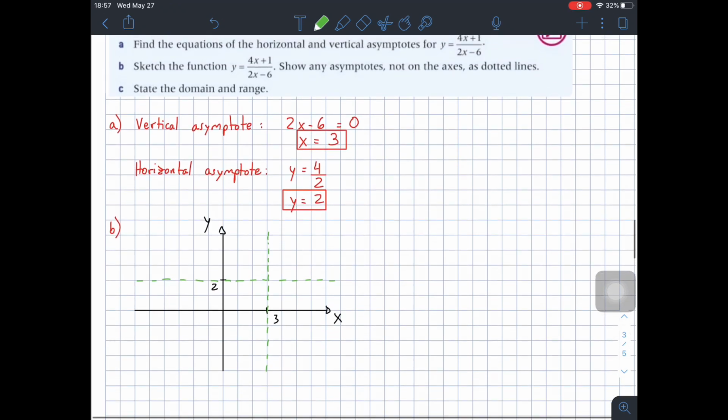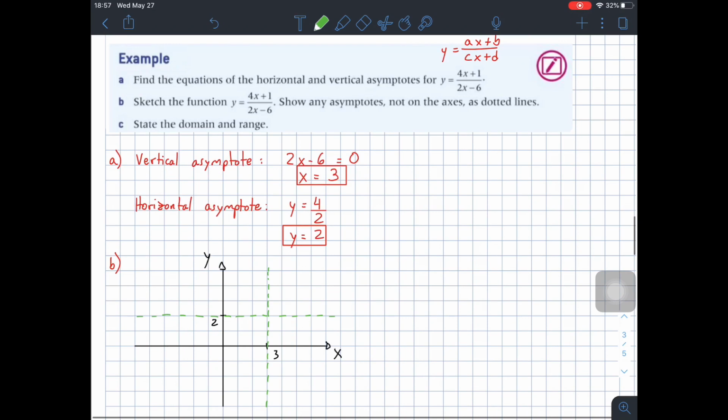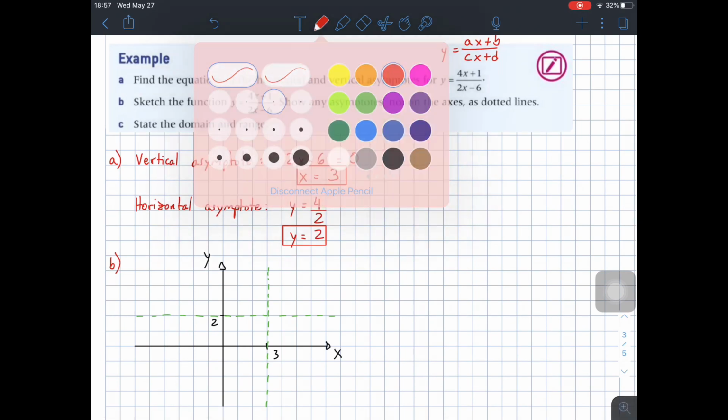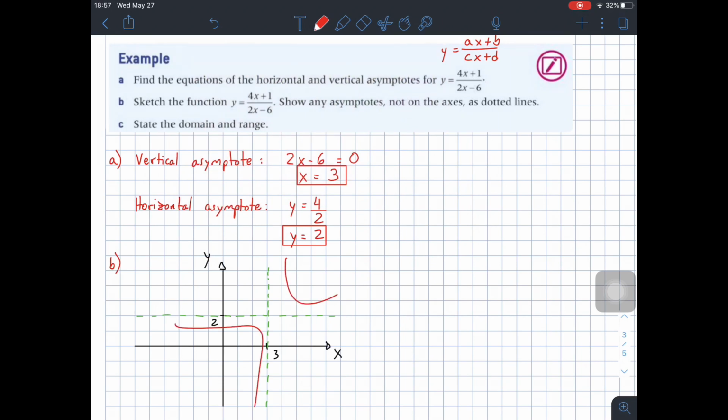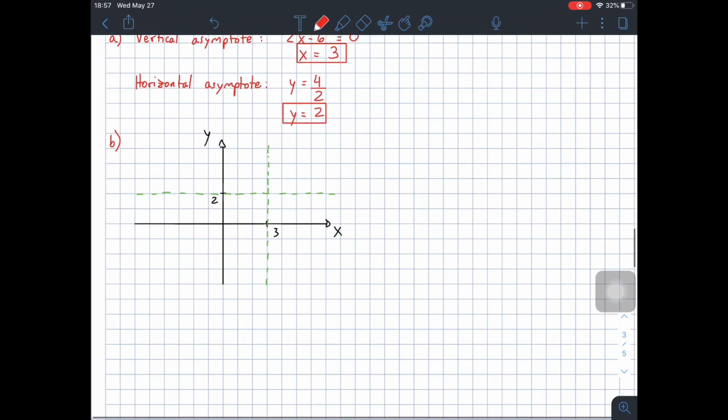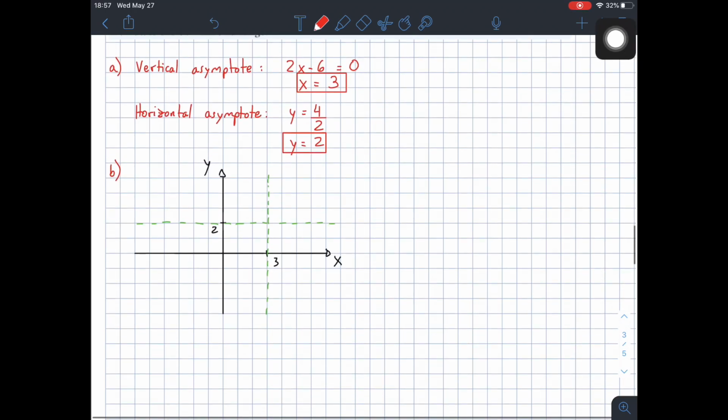Once we have sketched the asymptotes, we still need to verify if this curve would be in the first and third quadrant, or if it is in the second and fourth quadrant. In order to verify that, we need to find the x and y intercepts, right? So first of all, I'm going to find the y-intercept. To find the y-intercept, remember the rule is we need to set x equal to 0.